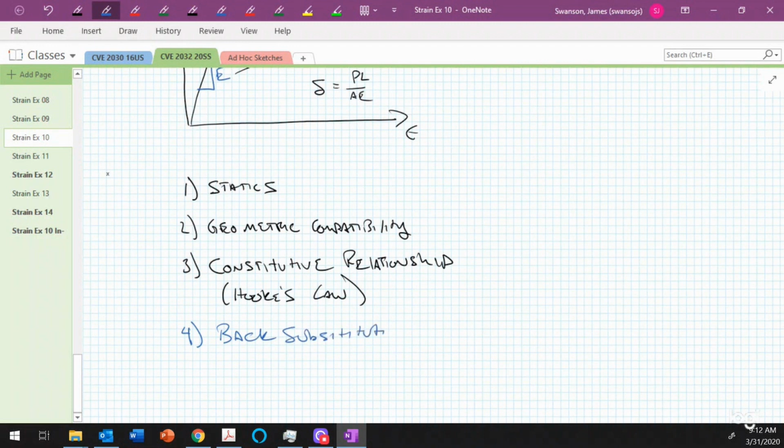And in this case, we had to check for yielding to make sure that the relationships we're using are still valid. Okay, that's the end of this problem.